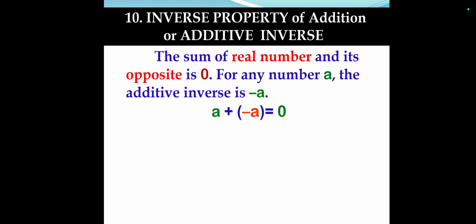And then the next one is the inverse property of addition. Oh, this is not the last one, sorry. So inverse property, class, from the word inverse, it's the opposite of it. So what do you mean by opposite? If you are dealing with addition, what is the opposite of a positive number? It's a negative number, and it should be the same number still.